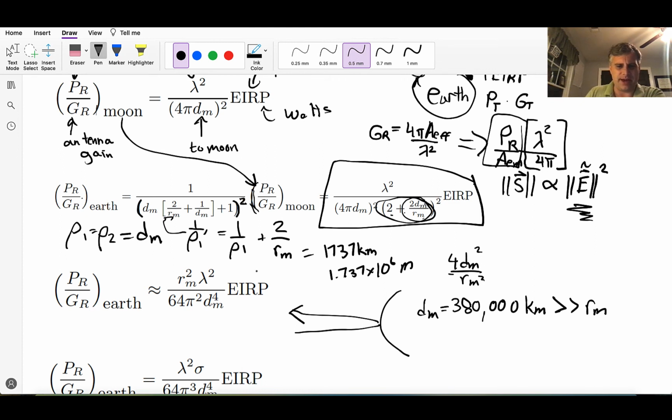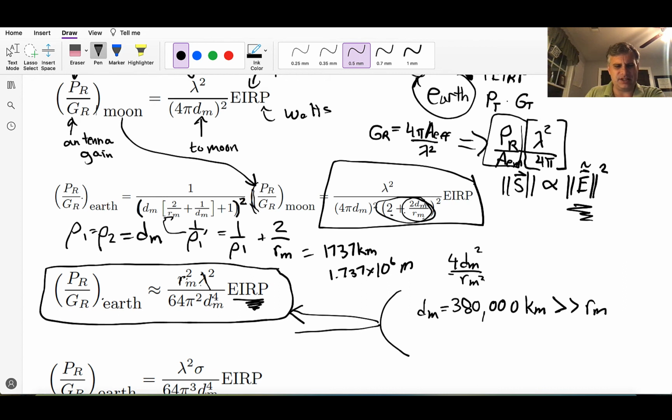So if I plug that back in, this is what my final result simplifies down to. The power that I receive on Earth is equal to the EIRP on the other side of the Earth times lambda squared times the moon radius squared divided by distance to the fourth. So it's a very lossy mode of propagation. And this constant of proportionality.